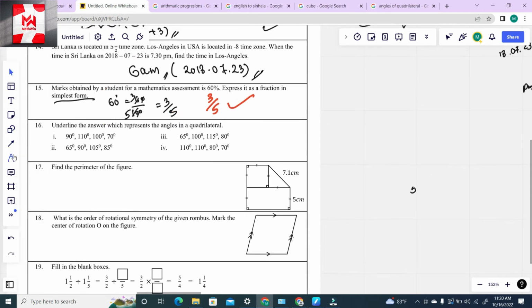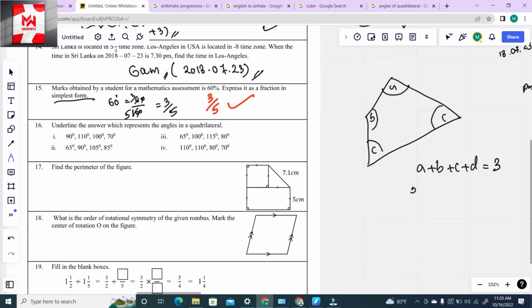And here the 16th question, underline the answer which represents the angles in the quadrilateral. If we consider any quadrilateral with angles A, B, C, D, A plus B plus C plus D should be equal to 360. So you want to find the answer which gives the summation of these angles as 360.